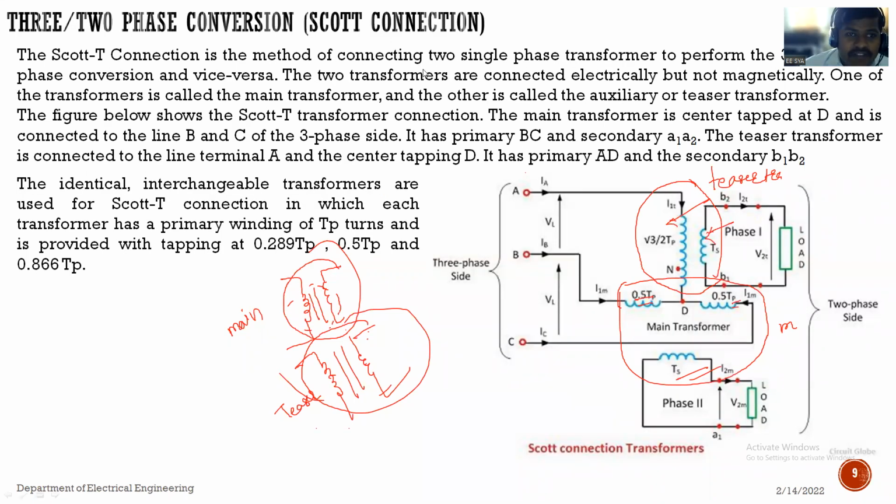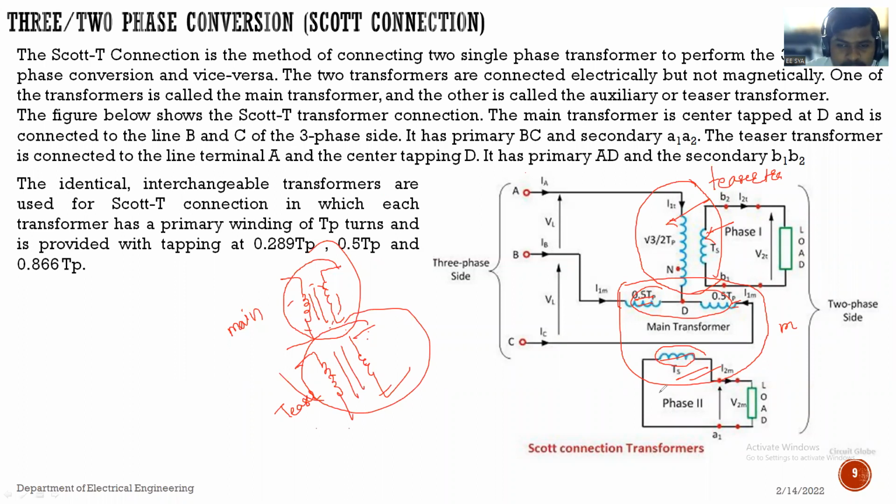This one is the main transformer. This is the primary winding of the main transformer, and this is the secondary winding of the main transformer. Understood? Now see, is there any magnetic relation between the teaser and main transformer?